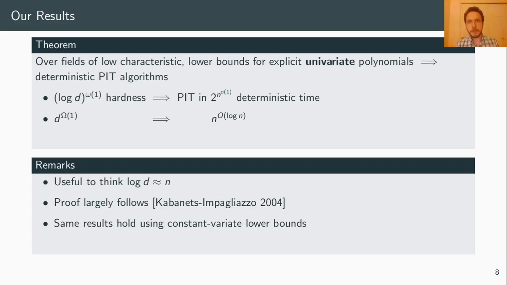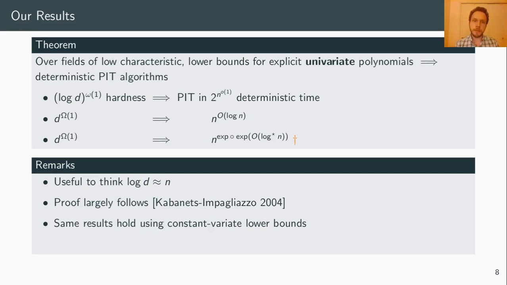Now we did see in the high characteristic regime that these strong univariate lower bounds actually gave better de-randomizations of PIT. And you could ask the same question here, can we do that in the low characteristic setting? And the answer is, to some extent, yes. We also show that from a polynomial in d lower bound, we can obtain a de-randomized algorithm for PIT which has running time n to the 2 to the 2 to the log star n, where log star is this iterated logarithm.